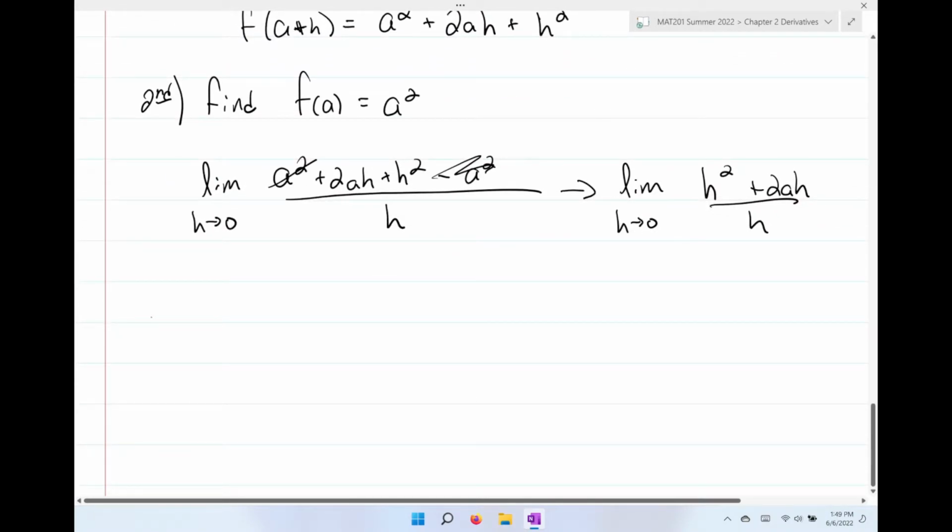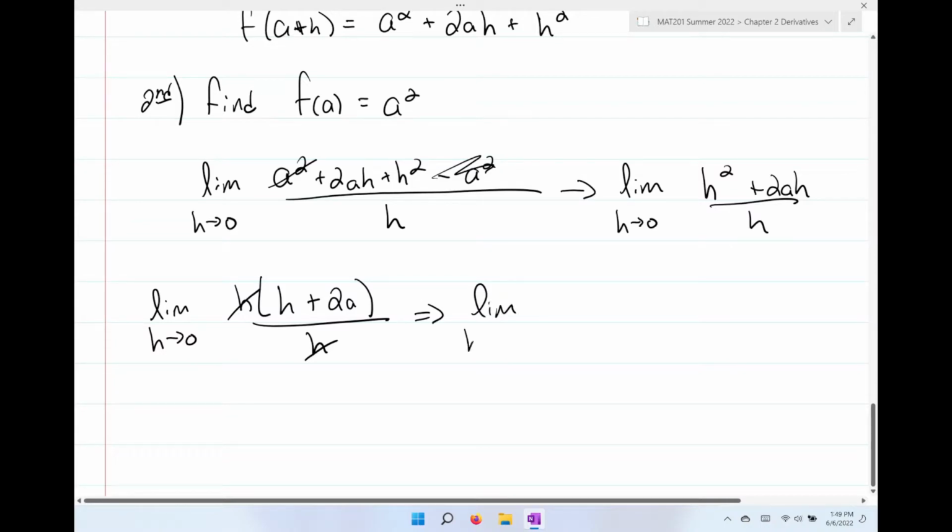I can go ahead and factor out an h, which is fantastic. That's going to give me h plus 2a all over h. The h's reduce. I get the limit as h goes to 0 of h plus 2a. And finally, with direct substitution, I get 2 times a.